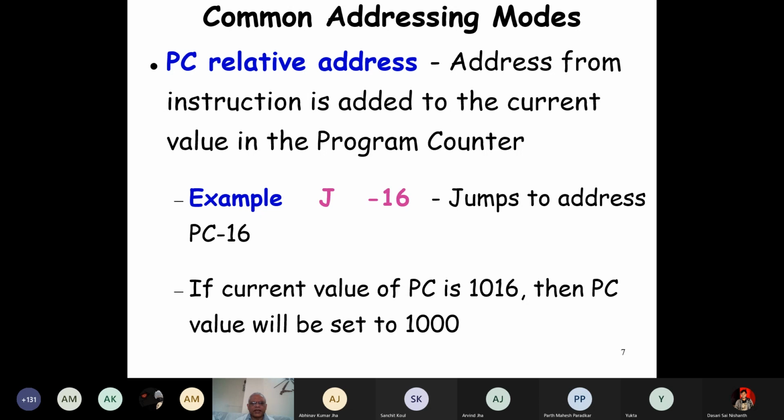Maybe we have to set it back by 4 instructions. Each instruction takes 4 bytes. So if we write J minus 16, it will add minus 16 to PC. So PC equals PC minus 16, so that the next instruction fetched is one which was already executed. That's how the loop is implemented.